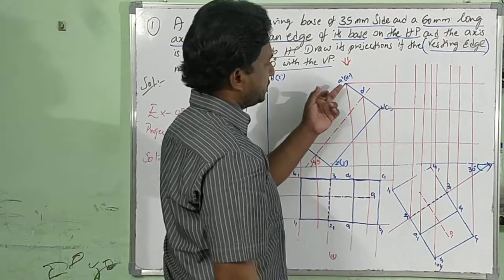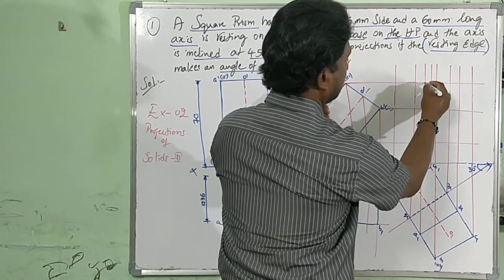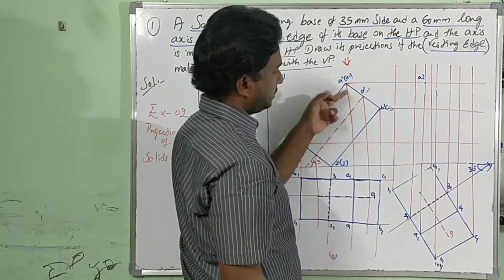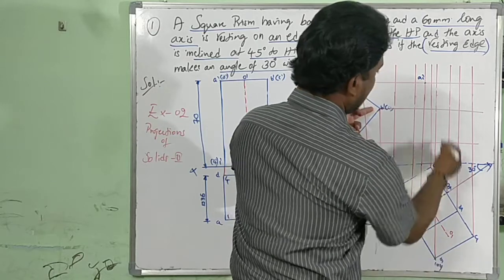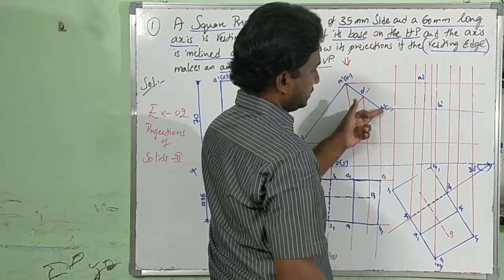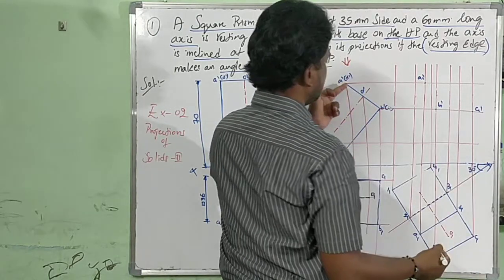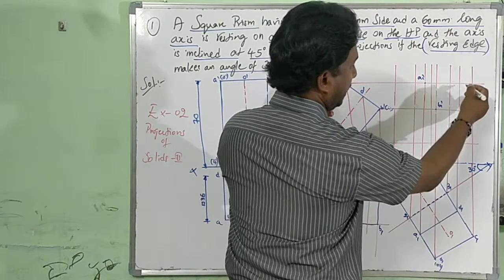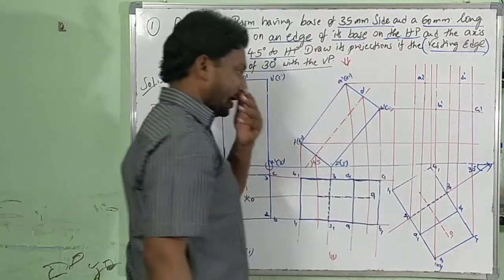Now you can pick the points. A dash, A1, A1 dash, B dash, B1, B1 dash, C dash, C1, C1 dash, D dash, D1, D1 dash.